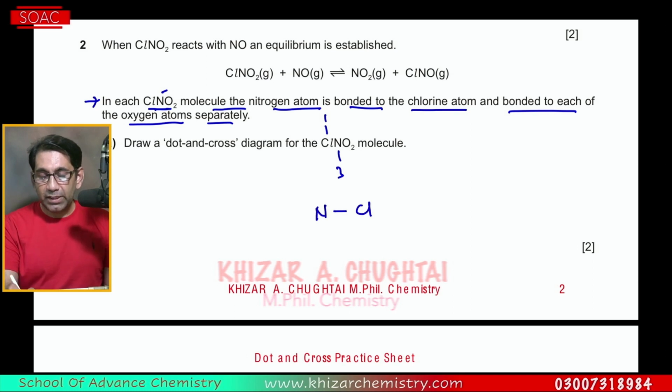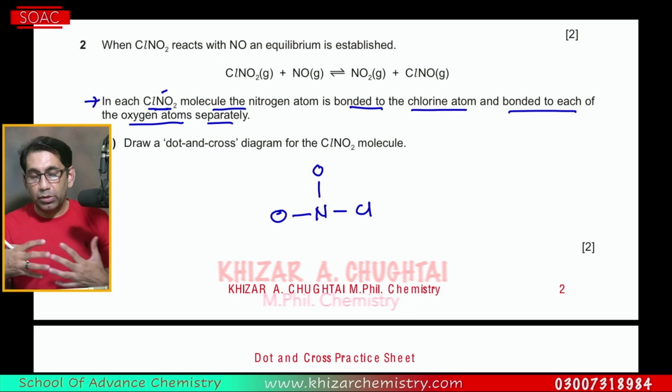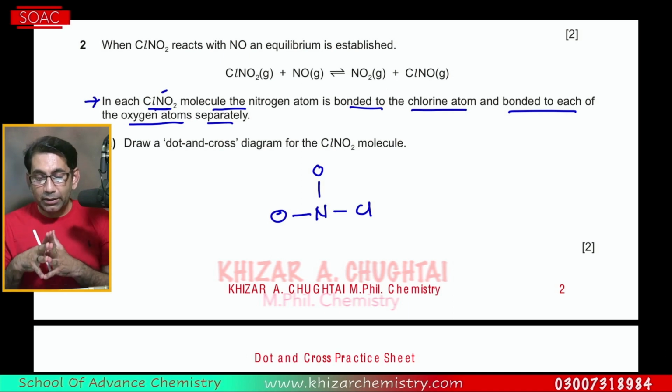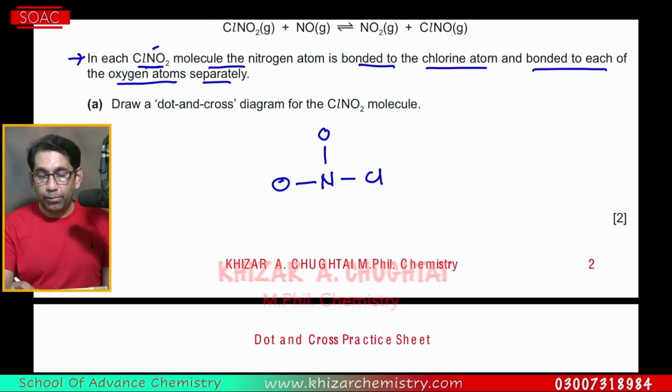Nitrogen with Cl, I'm drawing over here. Nitrogen's normal valency is 3. Nitrogen is going to make a bond with oxygen. Again, nitrogen is making one bond with oxygen. So at the moment, this nitrogen is under balanced condition. It also has a lone pair of electrons at the moment, and so on.